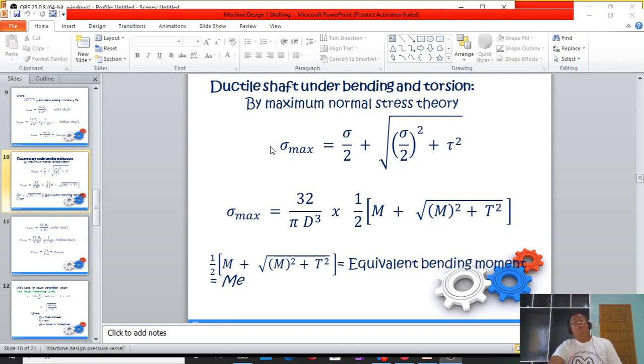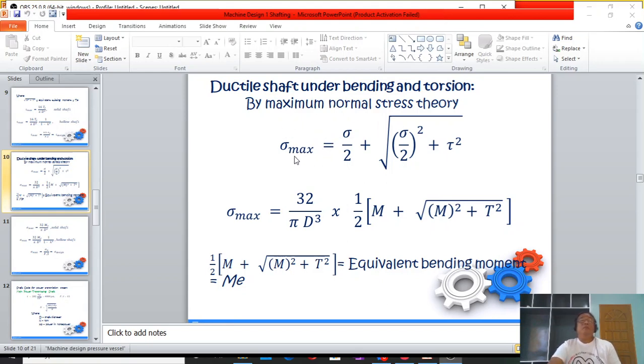If you look at the book of Pytel and Singer, or Beer and Johnston, you will see this equation: the maximum normal stress equals the flexural stress over 2 plus the square root of the maximum shear stress theory expression.